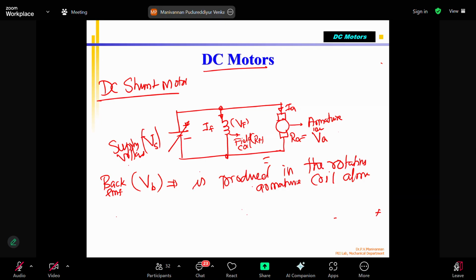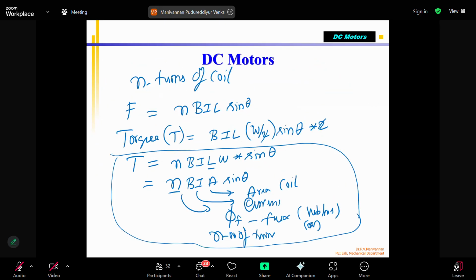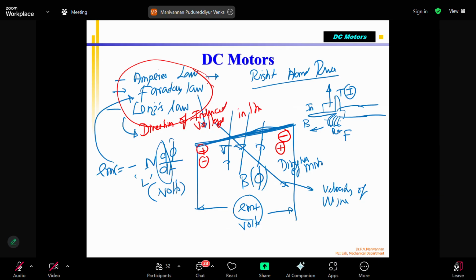Just now I told you what Faraday's law says. If there is a magnetic field with some flux density flowing from top to bottom, and a wire or coil is moving perpendicular to this direction, a voltage is automatically induced.